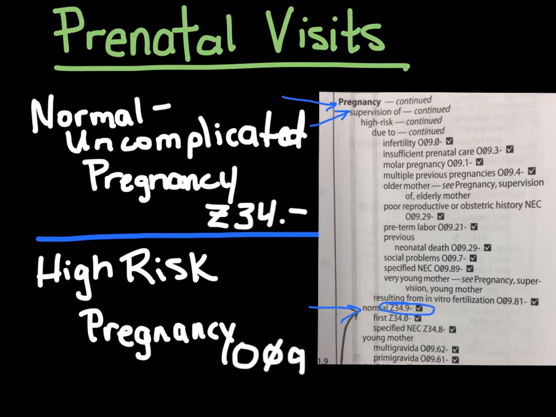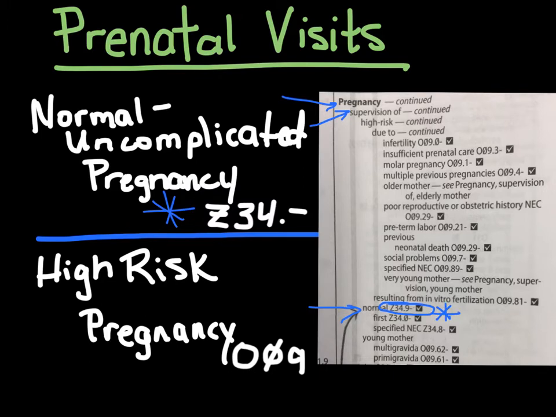Once you check the tabular, you will find options for first pregnancy versus another pregnancy. It also specifies the documented trimester within that code. So as usual, make sure you always check the tabular list once you find your code in the alphabetic index.